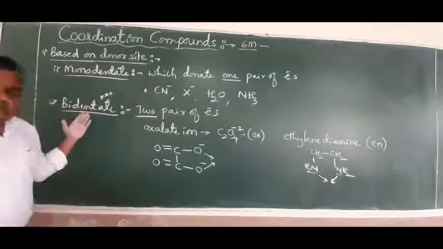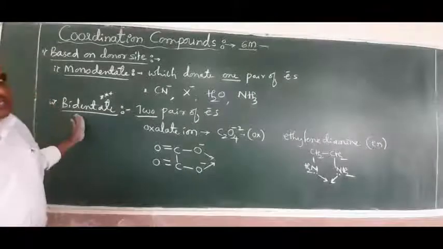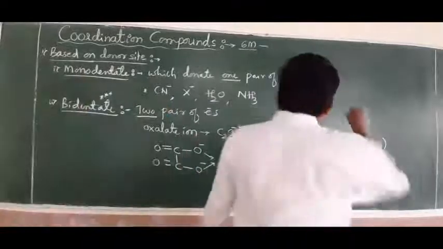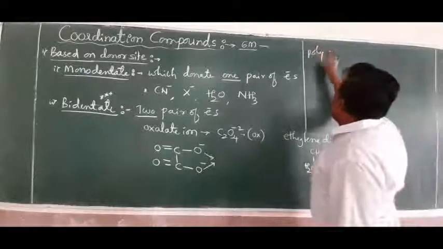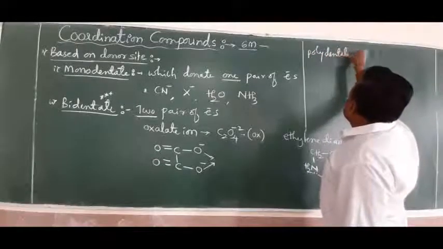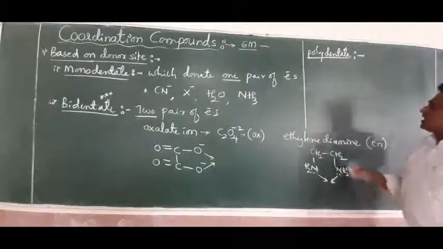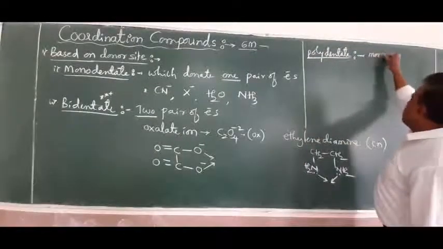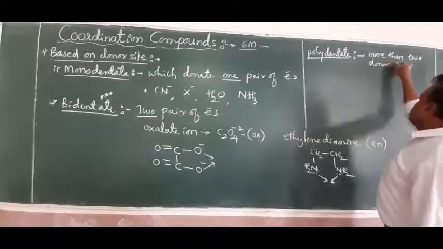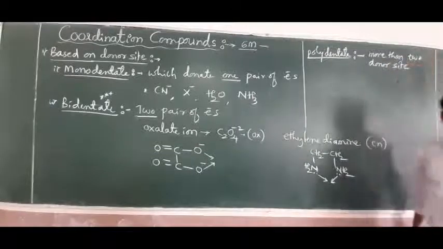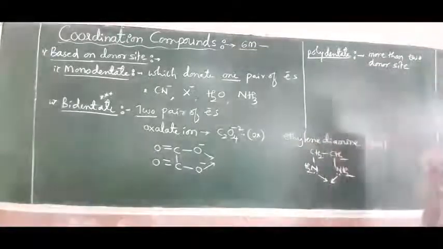So don't get confused. If they ask for the formula, write the formula; if they ask for the structure, you should be able to write the structure, children. Bidentate is very important. After mono and bidentate, keep in mind the polydentate ligands. Sir, what are polydentate ligands? These are the ligands which have the capacity to donate more than two donor sites. If a ligand has more than two donor sites, we call it a polydentate ligand, children.